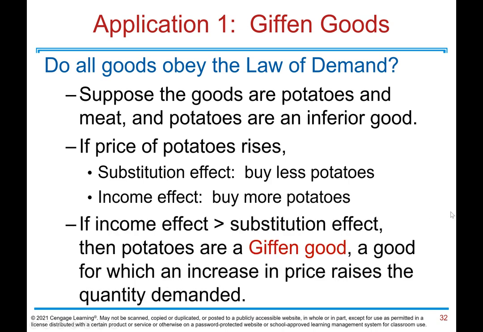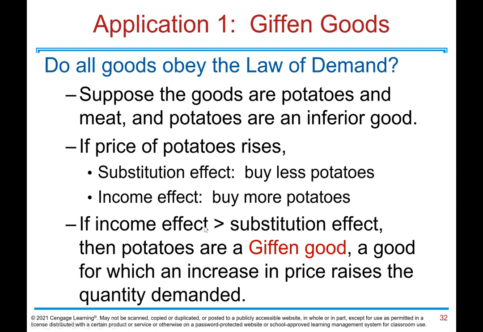Application 1, the Giffen goods. Do all goods obey the law of demand? Suppose the goods are potatoes and meat, and potatoes are an inferior good. If the price of potatoes rises, the substitution effect would tell you people will buy fewer potatoes. The income effect would dictate that people buy more potatoes.